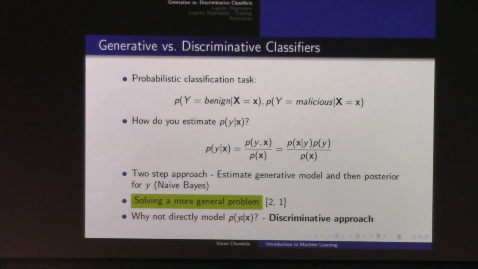So to give an example of the difference between discriminative and generative classifiers, this is a very contrived example, but let's say I want two students to be able to differentiate. The task is that I play them some audio, and they have to identify what language it is.